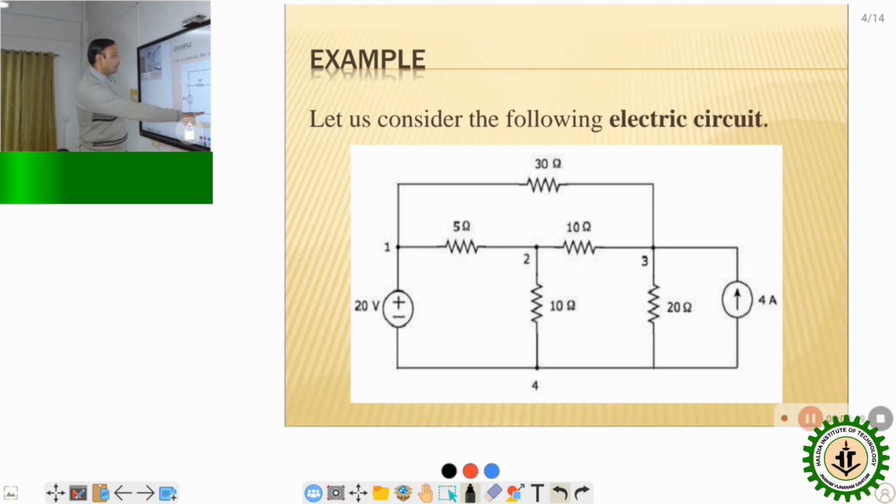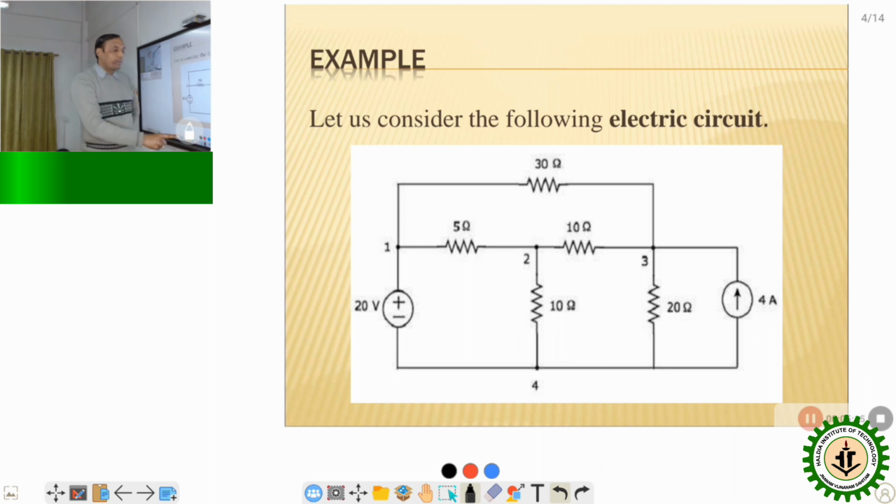Node 4 is common for the negative of the battery, one leg of the 10 ohm resistor, one leg of the 20 ohm resistor and the negative part of that particular 4 ampere current source. From that, what we are observing is that this is the common portion.